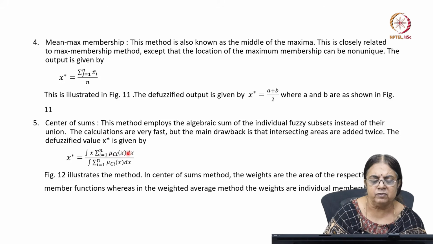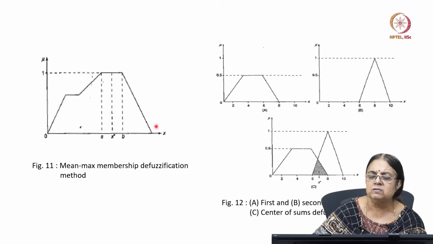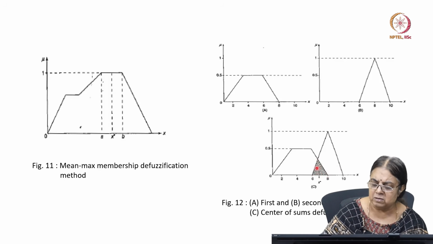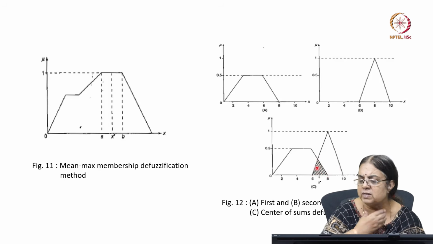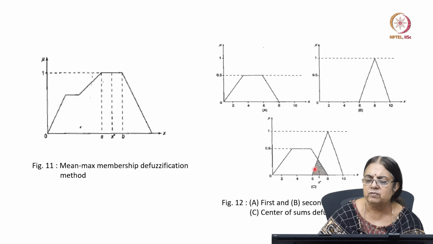If you have two fuzzy sets, this gives you the center of sums. You are taking the union, the intersection of the two, and then finding the center of sums for that. So this gives you your x bar for that.